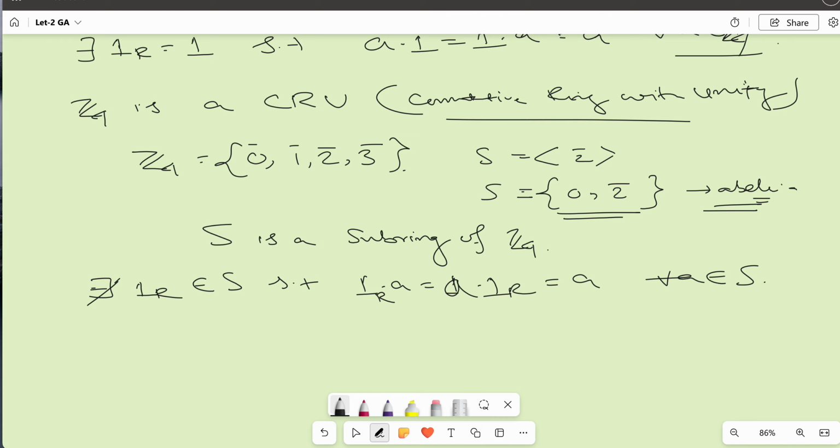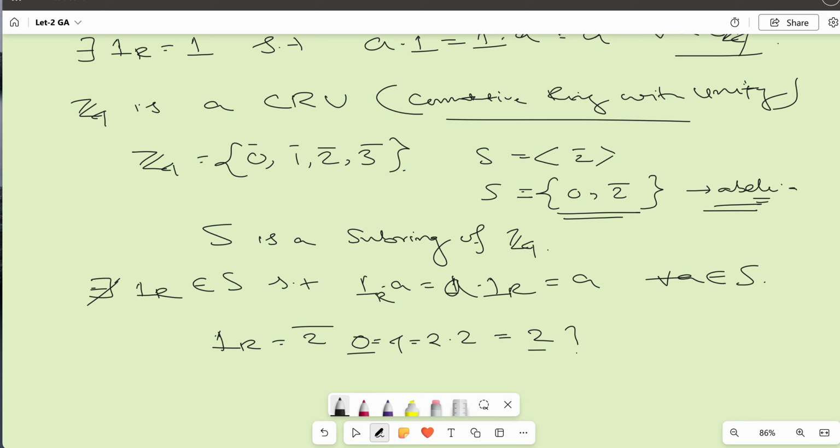Suppose your 1r equals 2 bar, so 2 into 2 is equal to, is it 2 in Z4? No, because 2 into 2 means 4, and in Z4 this is 0.